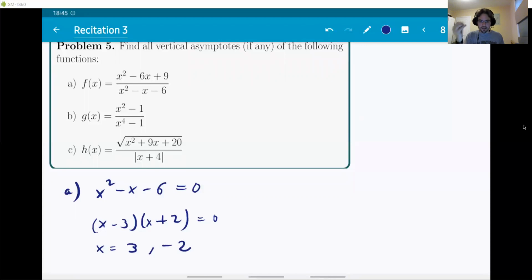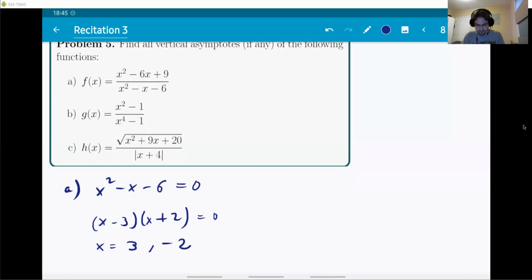That doesn't mean you necessarily have them in there, because you know that the numerator might also have some factor canceling them. But it's going to be at most these two. Now we need to analyze them separately, but we'll try to also simplify the function. I'm just going to write we need to find the limits at 3 and negative 2.